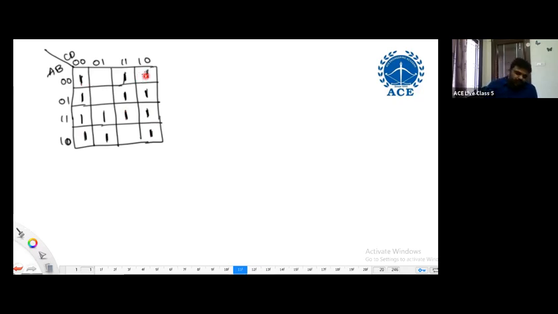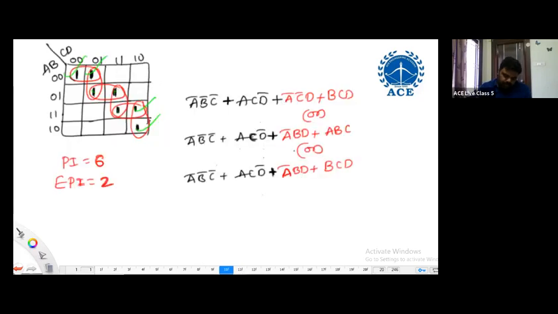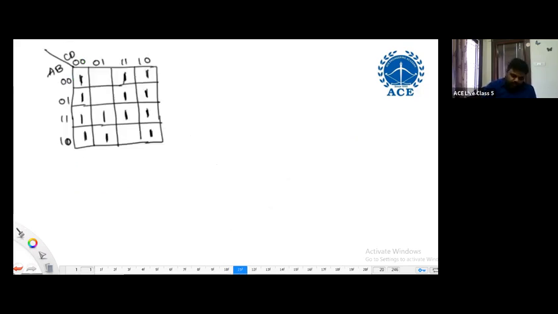Number of prime implicants, number of essential prime implicants, and first expression. The last one is this plus this, meaning here we are getting BCD only, it is not ABC. In the second one, this plus this, here we are getting ABC. Let's check it. Someone is in confusion.